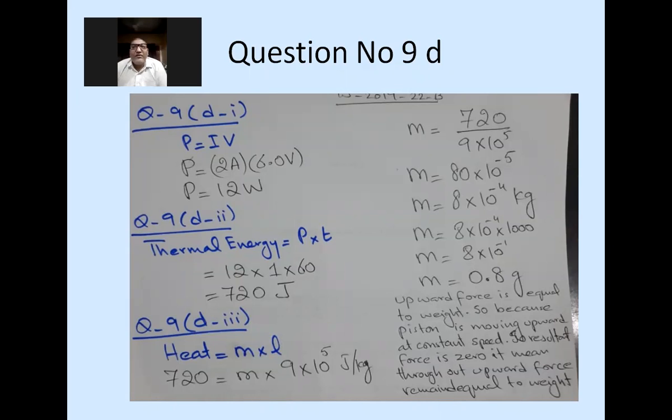So the final answer will be 8 exponent minus 4 kg. And if you multiply it by 1000 to convert this into grams, your final answer on the calculator will be 0.8 gram. So 0.80 gram of that liquid will be converted into gas.